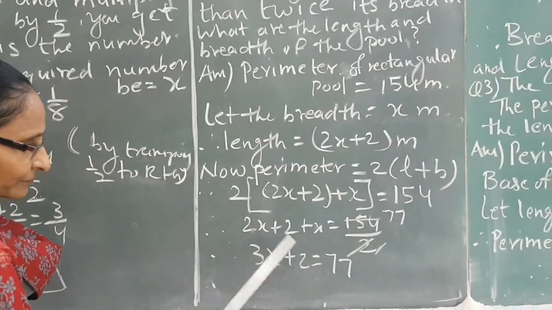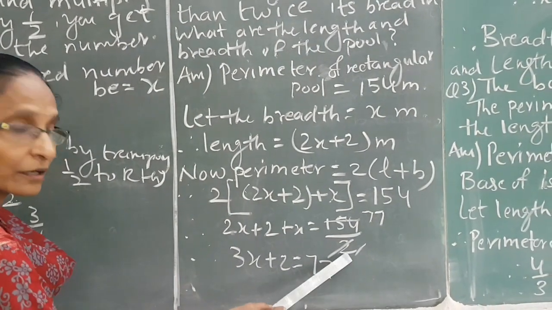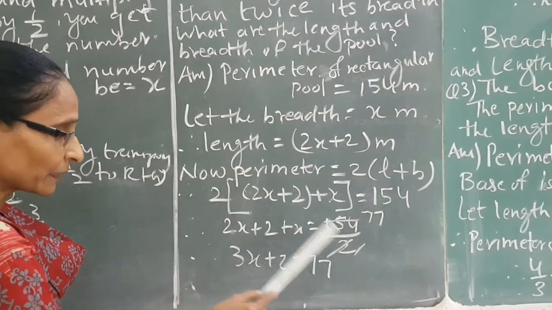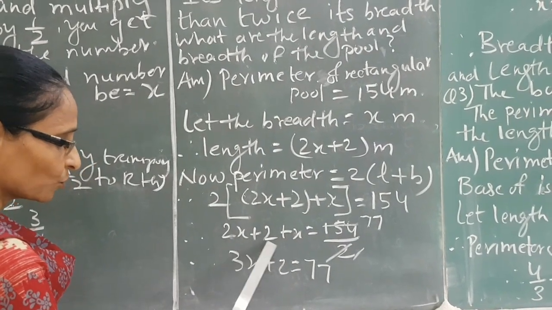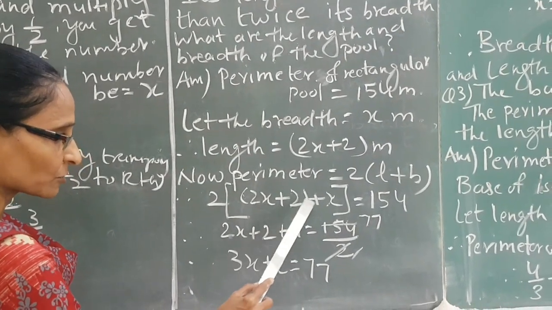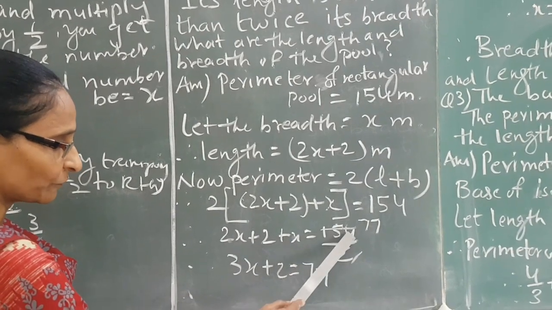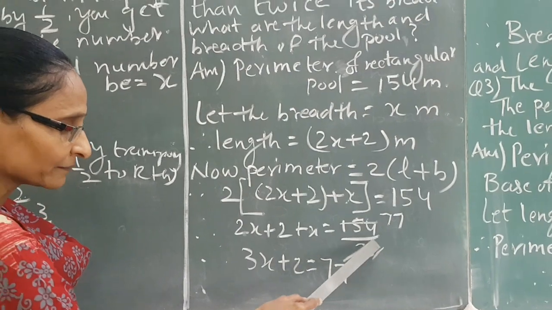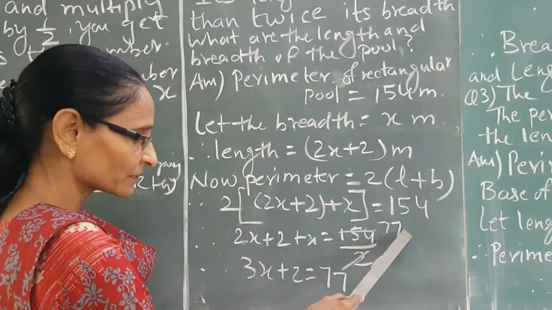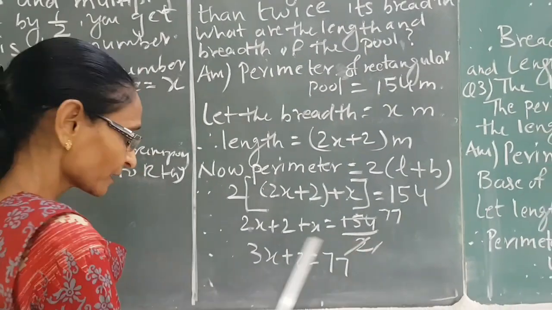Therefore this 2 I have brought down, multiply becomes divide, and we are opening this bracket. 2x plus 2 plus x is equal to 154 upon 2. This 2 is here, so divide. 2 ones are 2, 77s are 154.